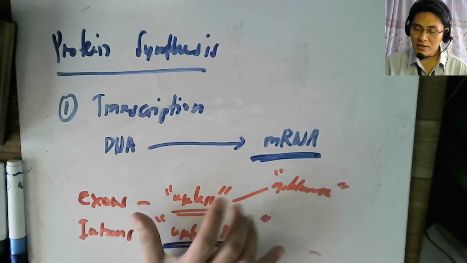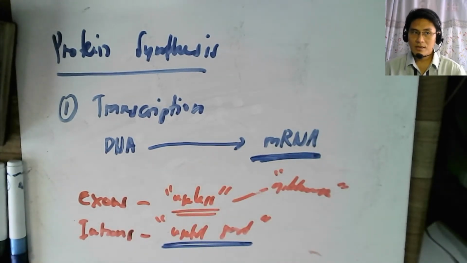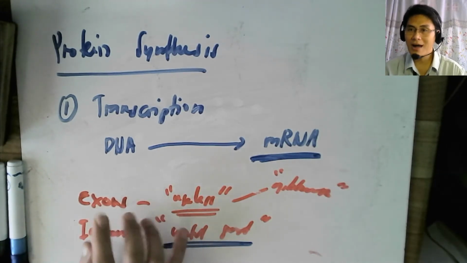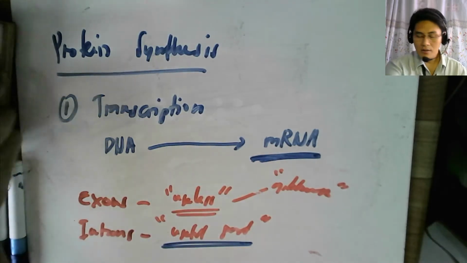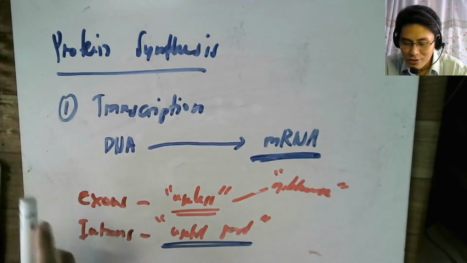And those parts that are not followed are called exons, and they have to be cut out from the mRNA, and the introns are kept inside. So exons outside. I'm sorry, I totally got this wrong. It's the opposite.